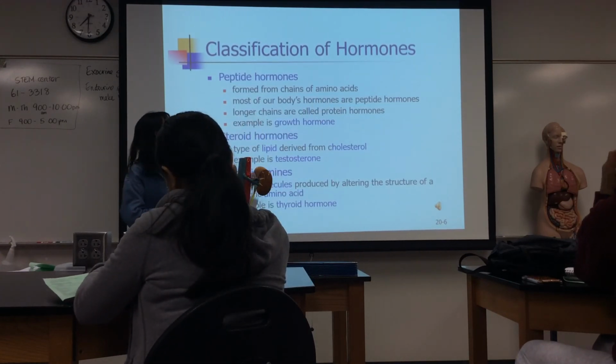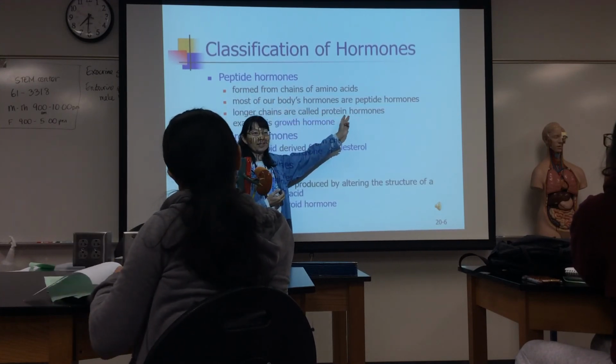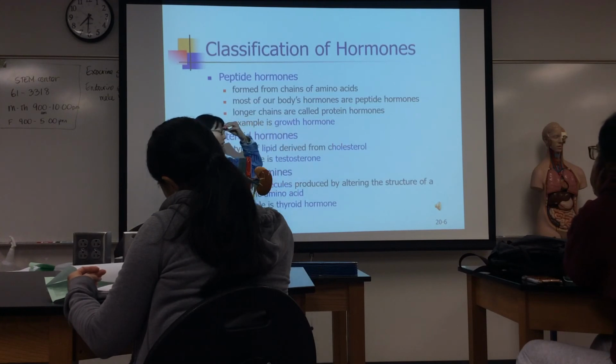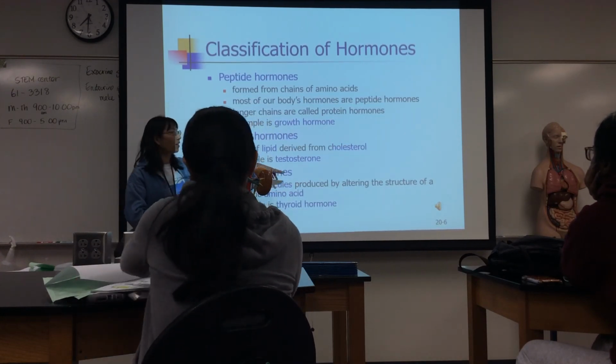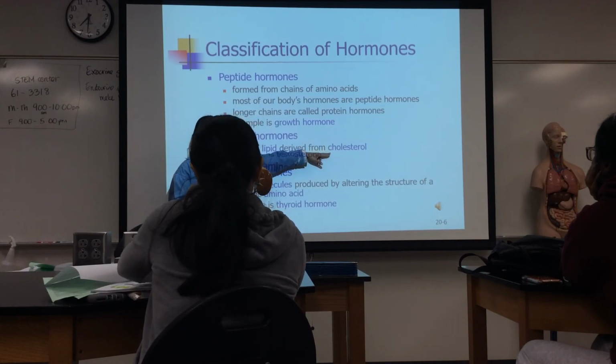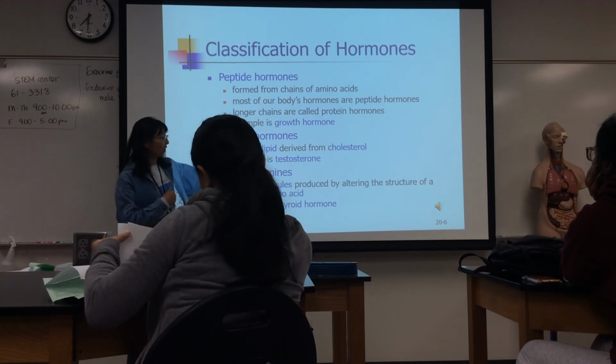So hormones can be peptide hormones, which is basically saying they're protein hormones. Agree? Okay, hormones can also be steroid hormones, which means what? They're made from cholesterol. Okay, so they're fatty, yeah? And like what? Like testosterone.